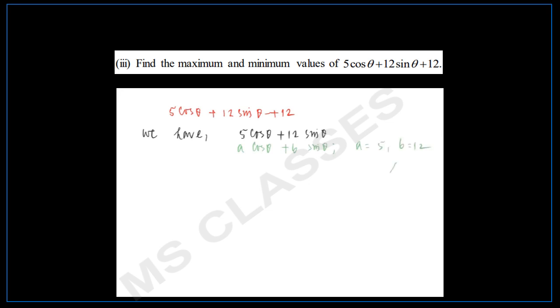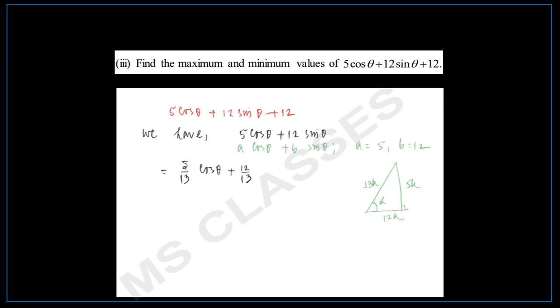So you think about a triangle, children, where we have this side as 5K, this one as 12K, and this one as 13K, and this angle is alpha. Now what will we do? We will divide here by 13 and multiply by 13.